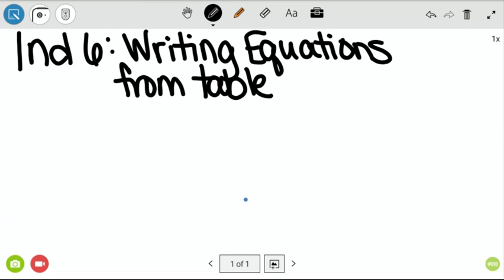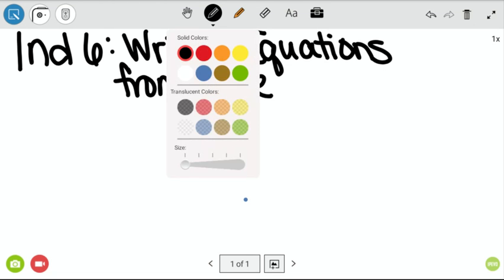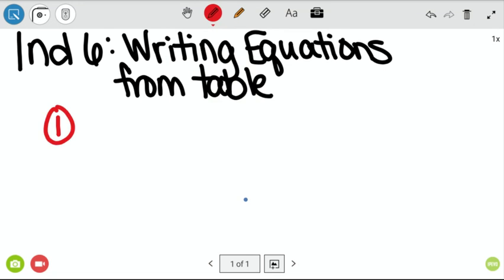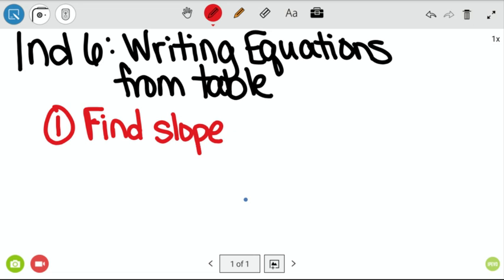And whenever you are writing an equation, you have to first find the slope. And if you want to find the slope of a line, you simply just pick any 2 points on the line.